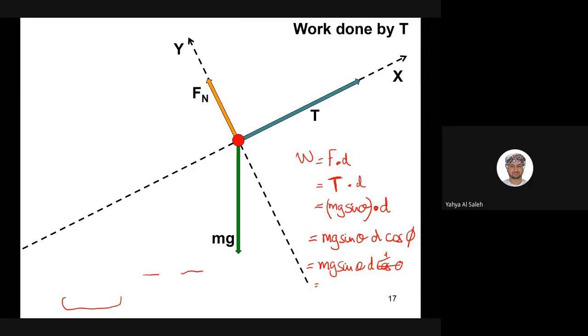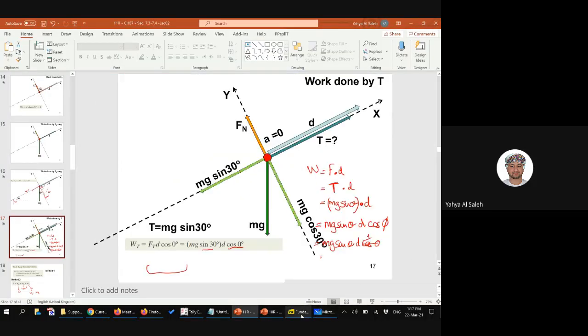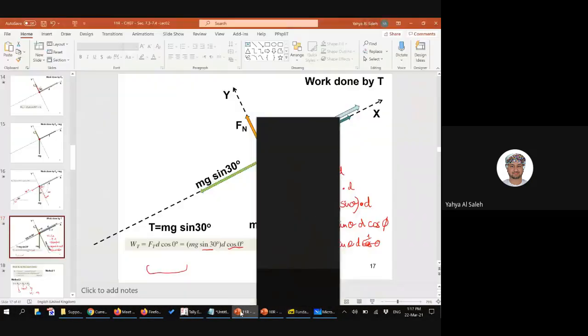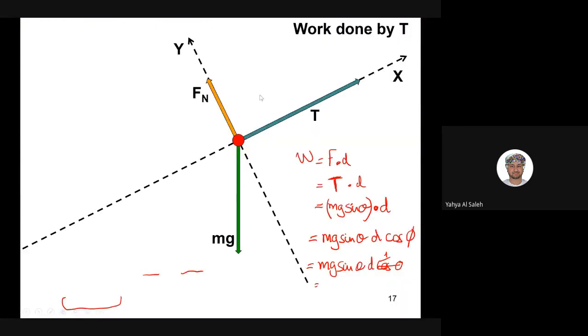Work done by tension: work is equal to F dot d, tension dot d. What is tension? Do I know what tension is? I don't. Okay, so how do I do this? Well, I can assume the minimum amount of force the tension should have to be able to pull this sleigh up.